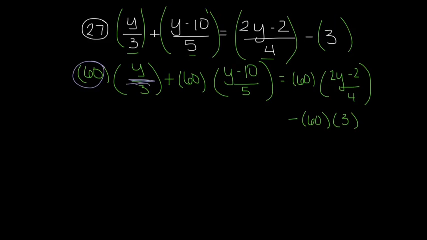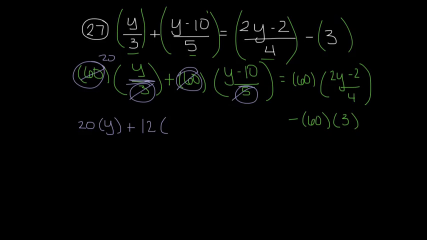60 divided by 3 is 20, so that leaves me 20 times my untouched numerator, which is y, plus 60 divided by 5 is 12. So 12 times my entire untouched numerator, which is y minus 10, equals 60 divided by 4 is 15.